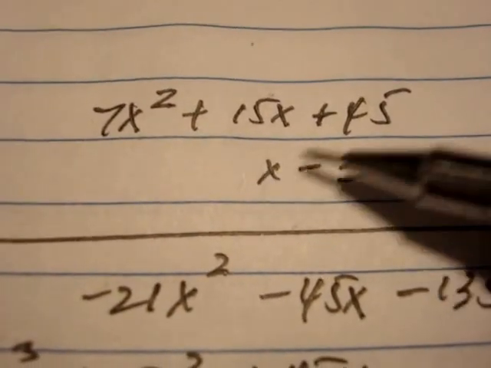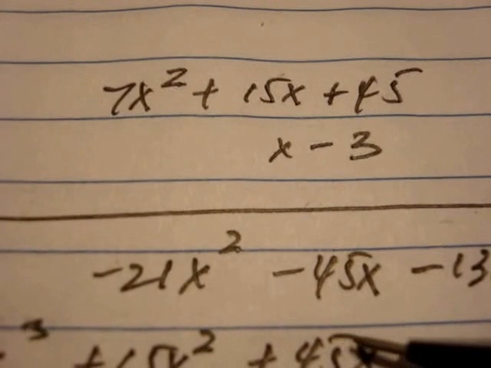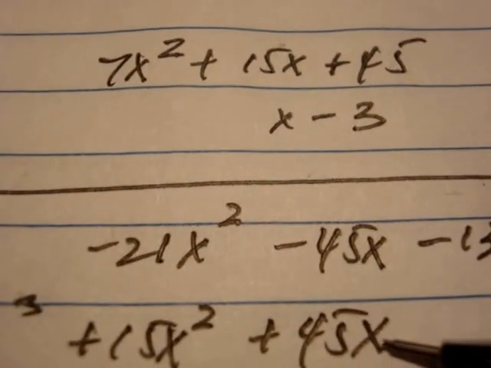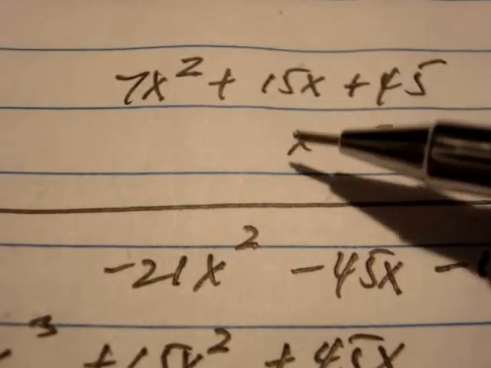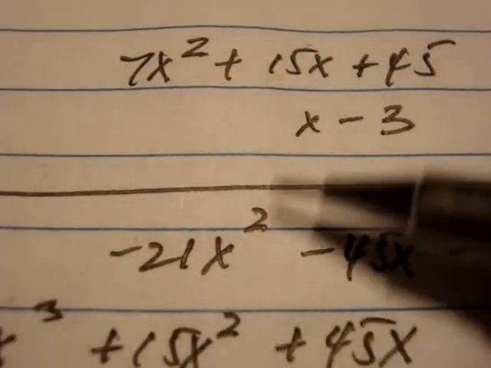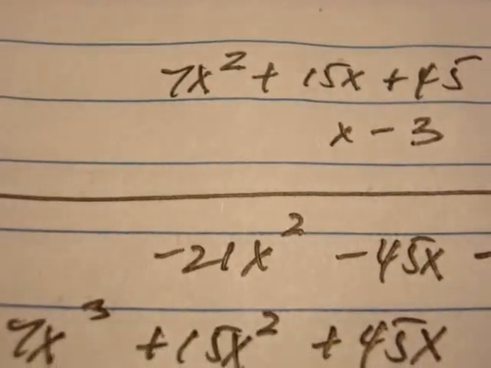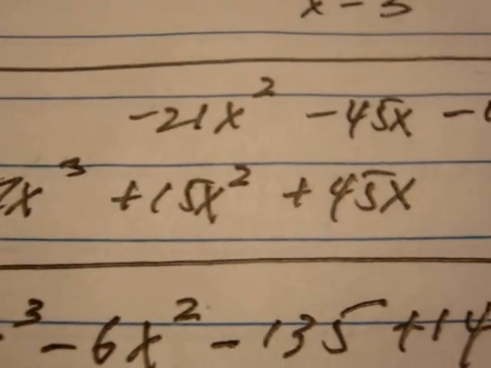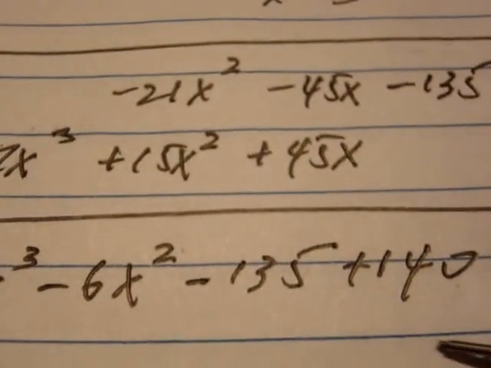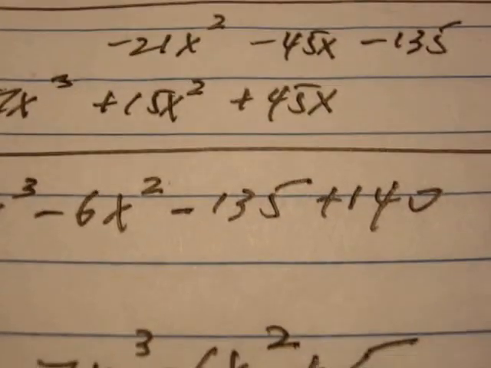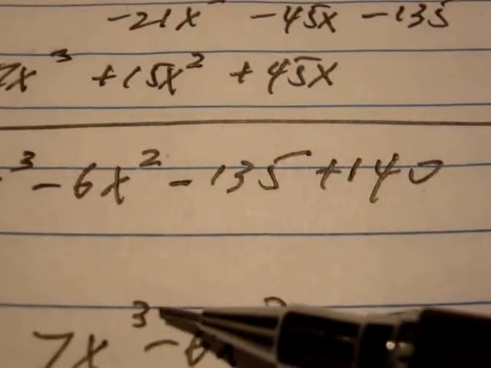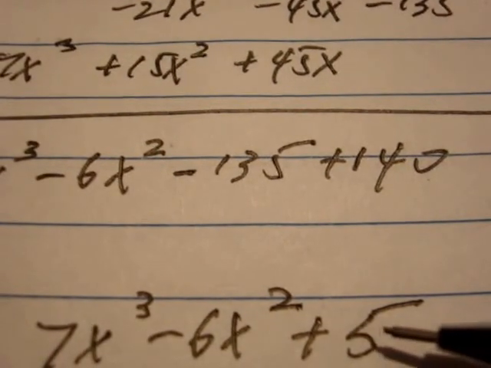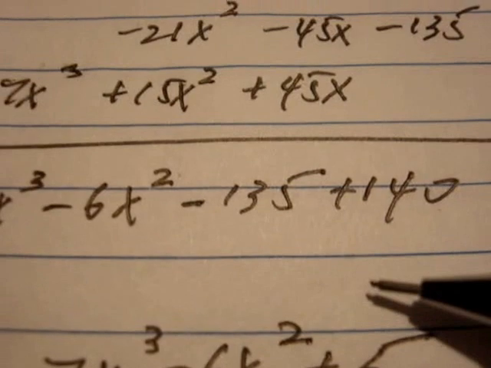As for the x, you go down one: 45 times x is positive 45x, and 15x times x is 15x squared. So you do all this multiplication, and when you solve it, you will get 7x to the third minus 6x squared plus 5, which is the same as the original given expression.